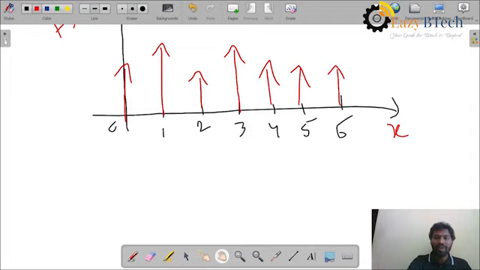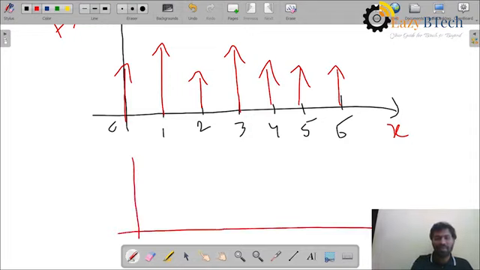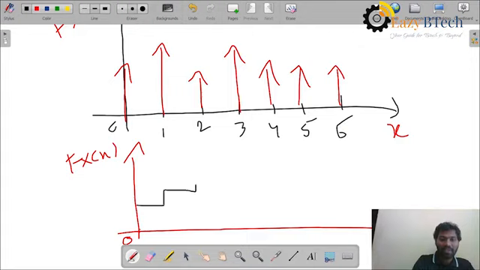So if you want to plot the same with the distribution function, the distribution function is F_X of x. It is a slowly increasing function. That means it increases stepwise at every value.